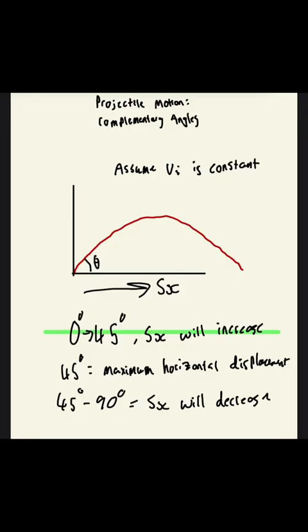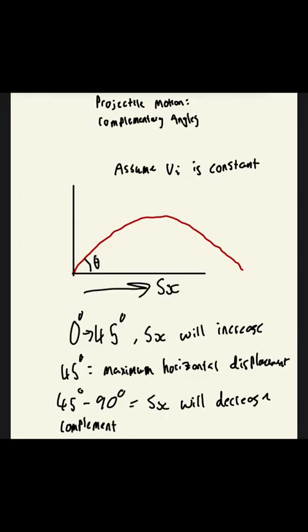Okay, so now we're going to talk about complementary angles. Complementary angles are angles that add to 90 degrees, such as 30 degrees and 60 degrees. And they'll have the same horizontal distance. Okay, so complementary angles have the same horizontal distance.